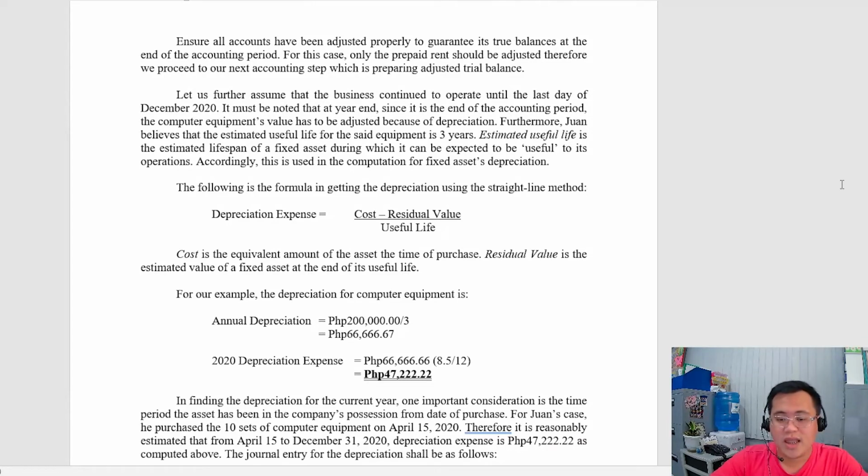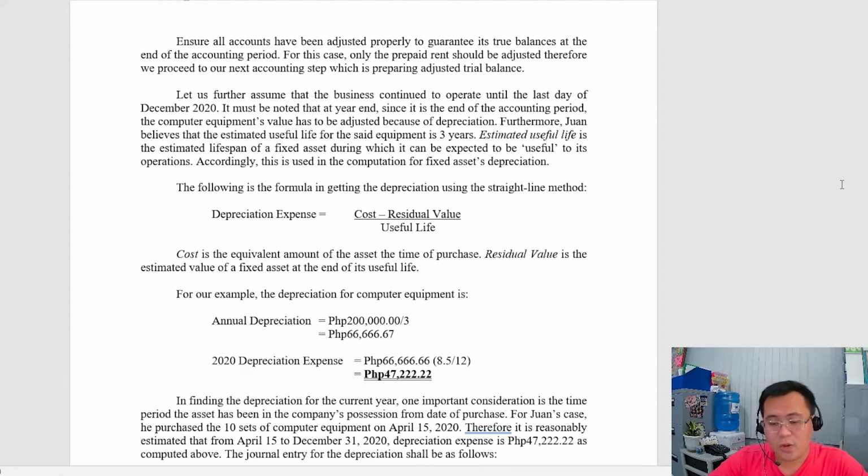That's why you should not record the whole amount of the depreciation for that year, which is 66,666.66 pesos, because you only have to record a portion of that 1 year, which is equivalent only to 8.5 over 12. Meaning to say, for the 12 months, you only record depreciation expense for 8 months and a half, or 8 months and 15 days.